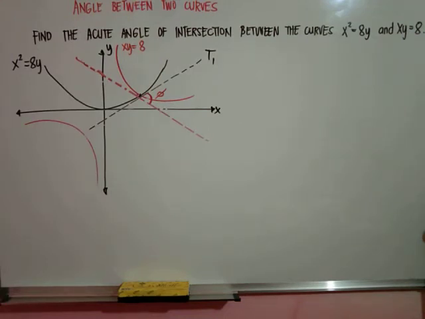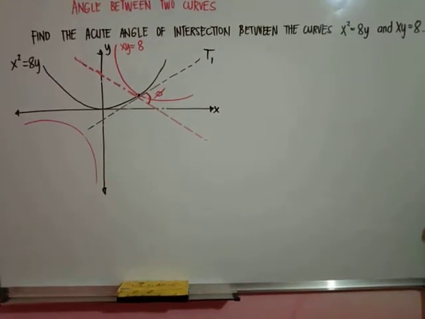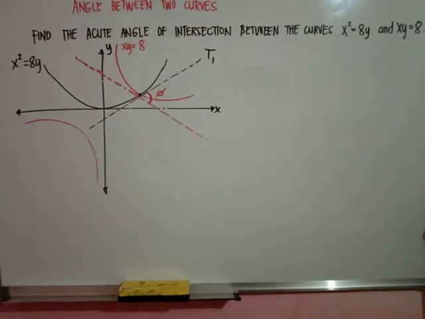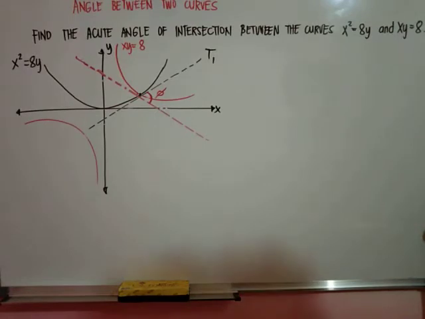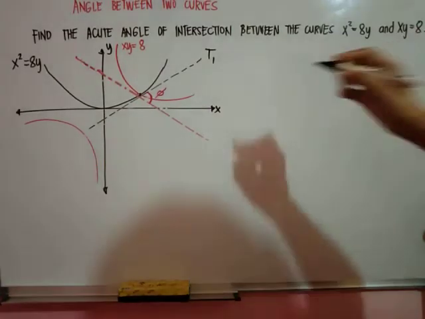So, paano natin siya applyan ng differential? Unang step para ma-determine natin yung acute angle between the two curves, yung first step is determine muna natin yung point of intersection.